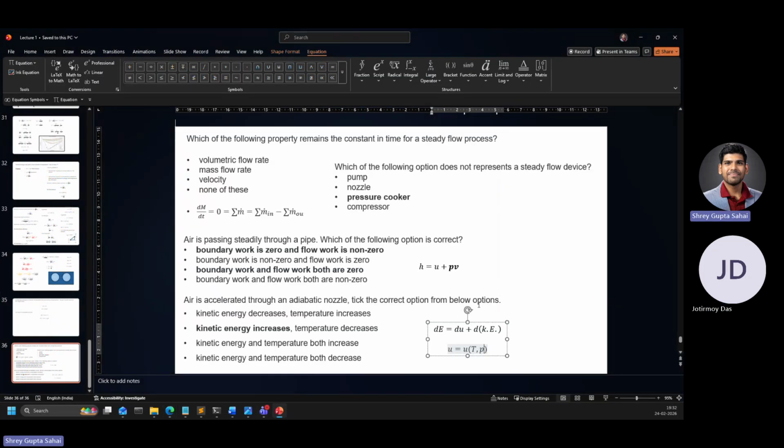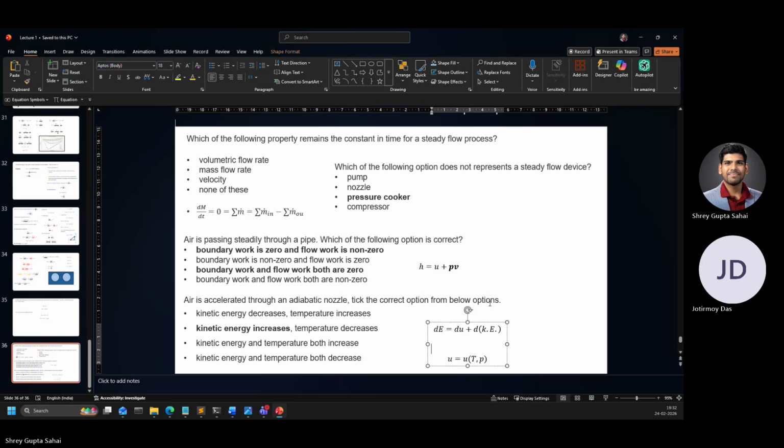One more thing is that it's an adiabatic nozzle. So delta Q is 0, because again, you're not supplying any energy to the system. It's an adiabatic system. So dE will be 0. Actually, no, dE will not be 0.